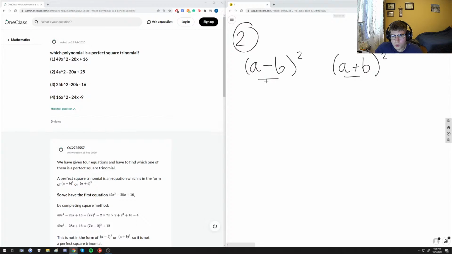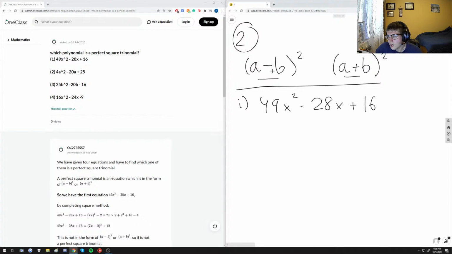going through these answer choices. So for the first answer choice, we're going to have 49x squared minus 28x plus 16. And I have to actually be more specific here. So dealing with trinomials, this is going to be of the form ax minus b and ax plus b.